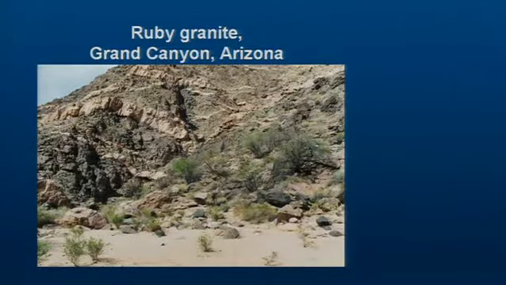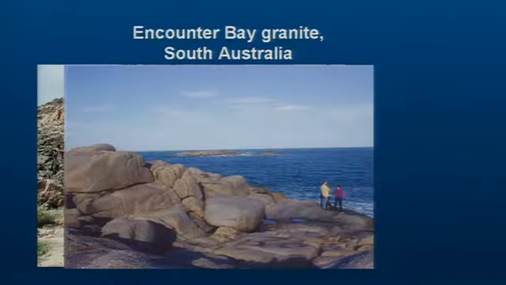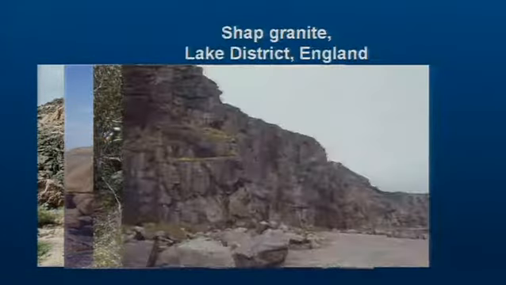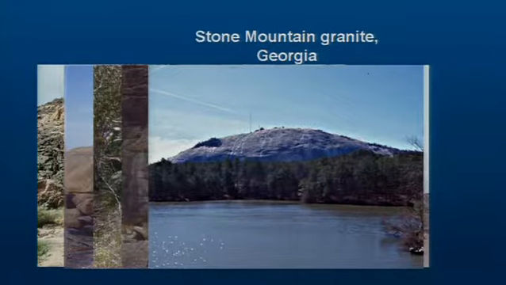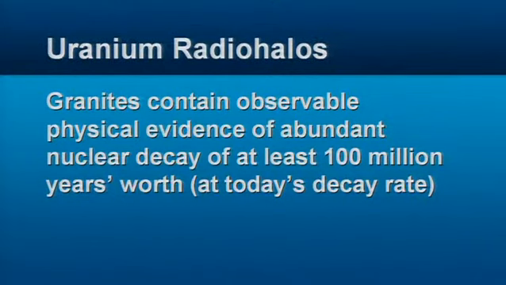And whether it's in the Grand Canyon, or in southern Australia, or southeastern Australia, in England, or here in the United States, we find these dark uranium radiohalos. So, around the world, we find granites that contain observable physical evidence of abundant nuclear decay.